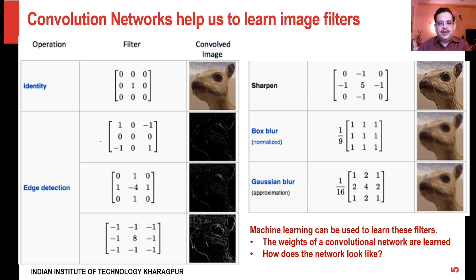Now for edge detection, one may choose to use a kernel like this or like this or like this. And you can see for the same image, if instead of taking the convolution with the identity, which leaves it as it is, I took the convolution with say this kernel or this kernel or this kernel, then we get these as the corresponding images.